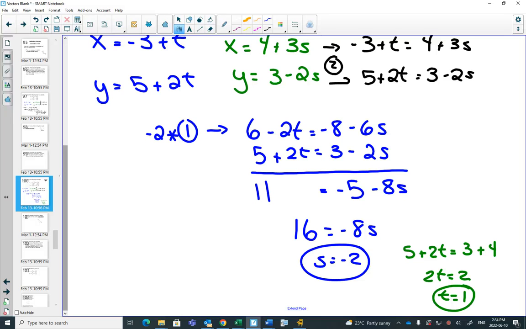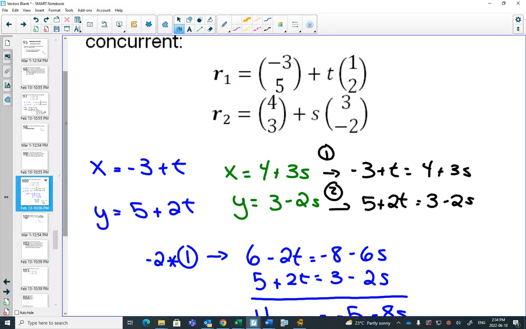So after finding s, it would be enough to say, okay, now I can go to vector equation of line 2, and I can say s is negative 2. Can you see that when you plug in negative 2 for s, you would have 4 minus 6, negative 2, and 3 plus 4, 7.